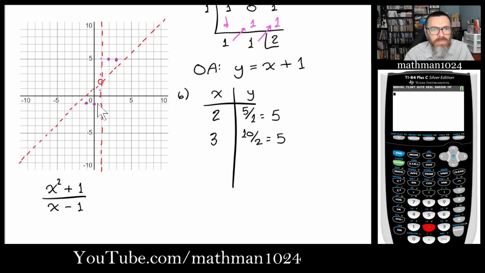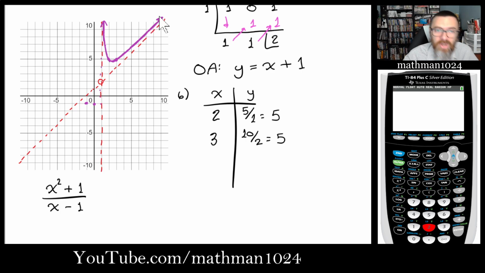Now, looking at where these points are and knowing how my shapes typically go for rational functions, I think it's pretty safe to assume that my function is going to be curving in this part up here and then in this bottom left part down there. So let's just do a quick little sketch. So it's going to turn, and then here's the thing about your oblique asymptote. As I get further and further to the right, he's going to get closer and closer to that.